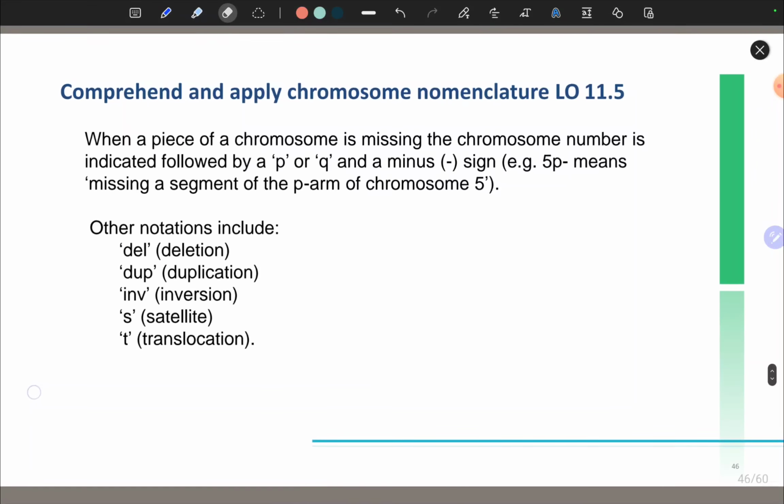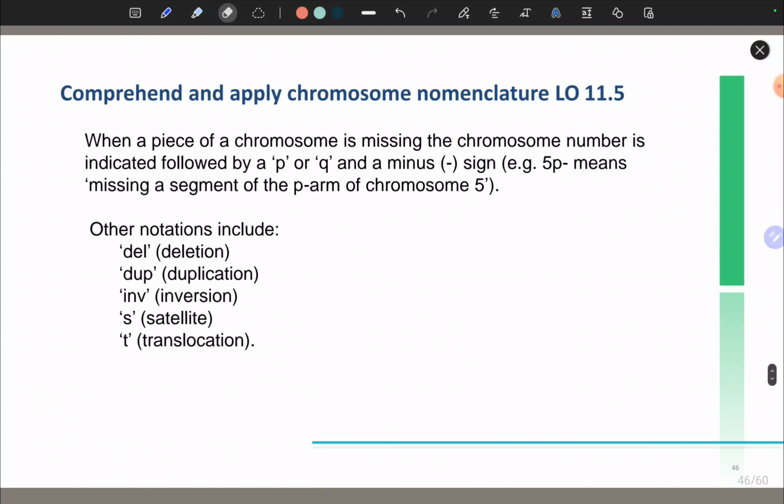Now, when a piece of the chromosome is missing, a chromosome number is indicated, followed by a P or Q, with a minus or plus, meaning that the missing arm is either P or Q. Another notation, for example, minus 5p, means there is loss of the short arm of chromosome 5, and so on.